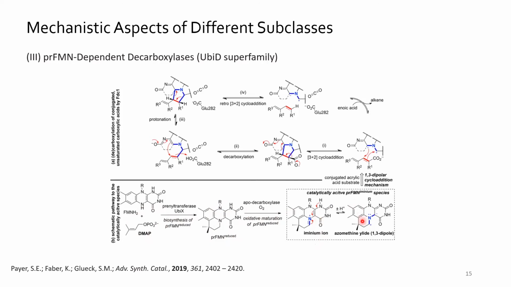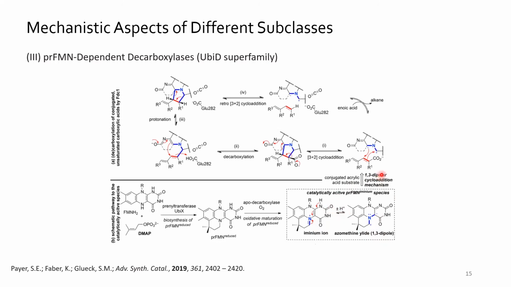And here, in this case, we have actually two species which can act as the catalytically active molecule, which is either the iminium ion or the azomethine ylide. And it depends on the structure of the substrate molecule which species is the catalyst.